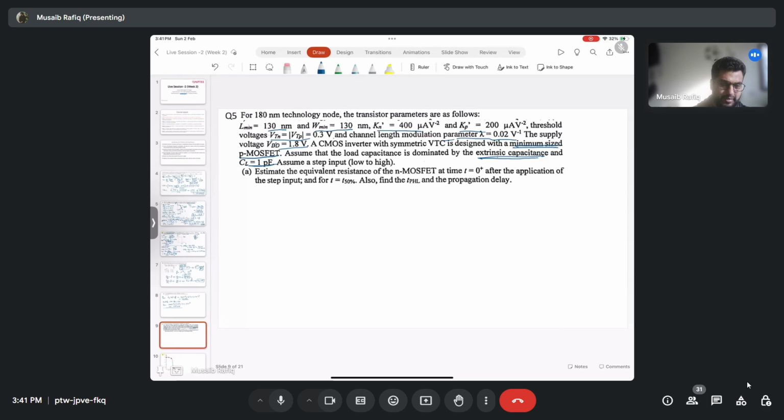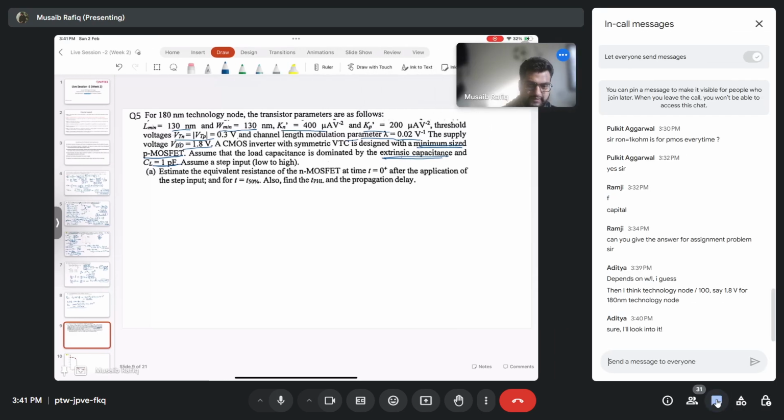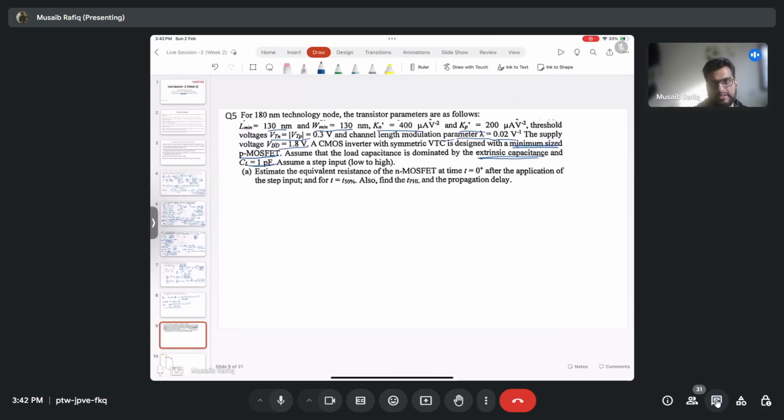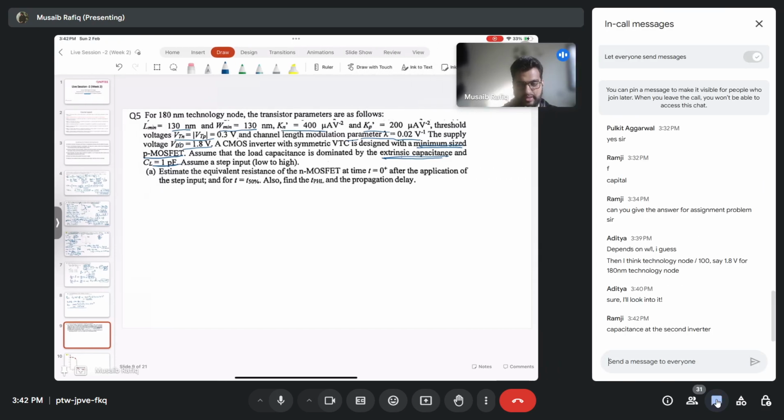By the way, what is meant by extrinsic capacitance? Anyone? You can say the load capacitance is not coming out from the inverter or the particular gate itself.